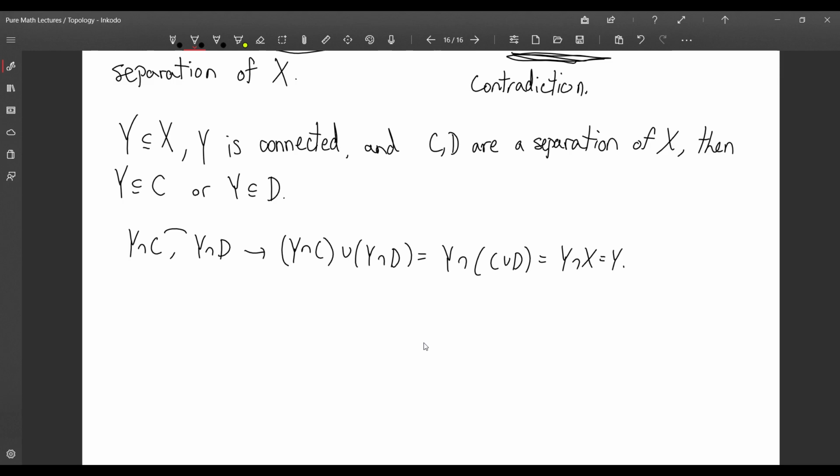But Y is connected, so this can't be a separation, but we know these are disjoint and open sets, so this must mean that therefore Y intersect C or Y intersect D is empty.